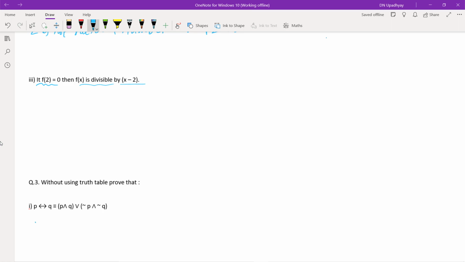Okay, third one. If f of 2 is 0, then f of x is divisible by x minus 2. So how to write?